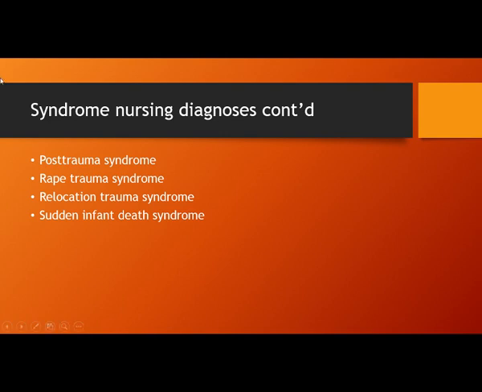Post-trauma syndrome. So that would be somebody that received some trauma, whether physical, psychological, whatever trauma they received, and they have a number of effects that affect various parts of their life, physical, emotional, mental, various parts of their life that are affected by that.